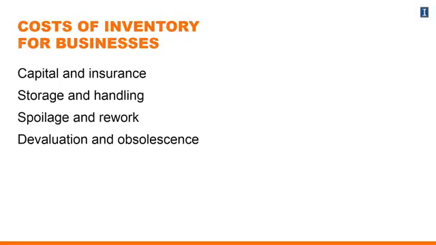If there might be a fluctuation in demand, it might become obsolete, so people might not want that particular product. If you're thinking about a fashion goods store, you are concerned about items going out of style and not being able to be sold, and that's when you would have to discount them. So those are the kinds of things companies think about when deciding how much inventory they want to purchase.